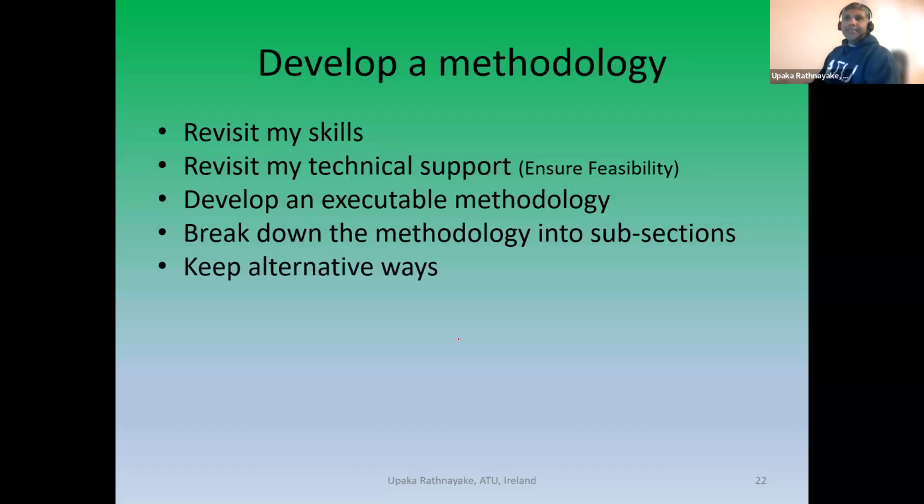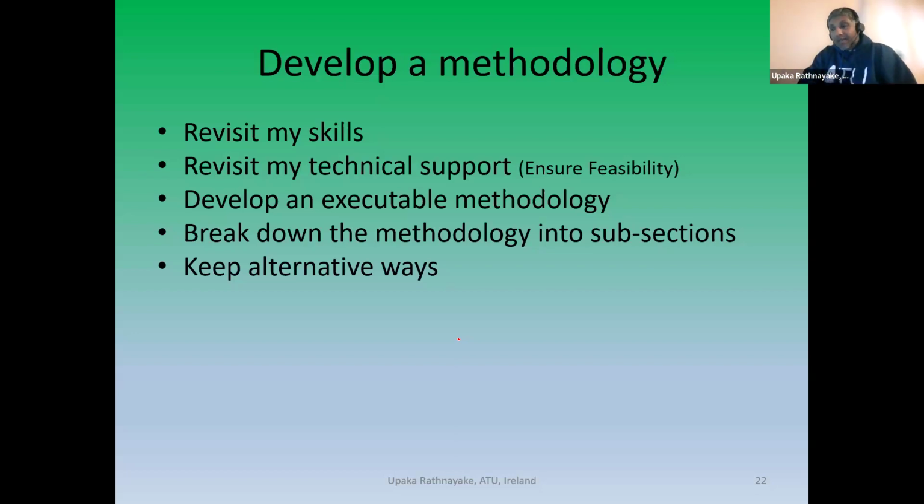This is very important. You need to keep alternative ways because you will notice that sometimes you develop a very good executable methodology, and halfway down, you can't do that because of various aspects. So, without highlighting most of the details, we were working on a particular project in Sri Lanka, and we heard from the relevant authorities that they would share the relevant data at a cost.